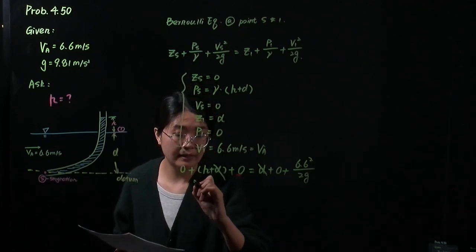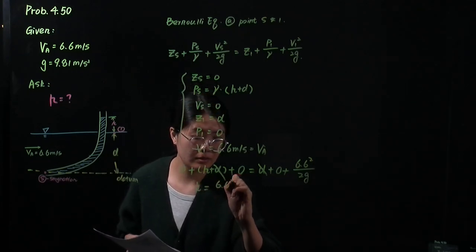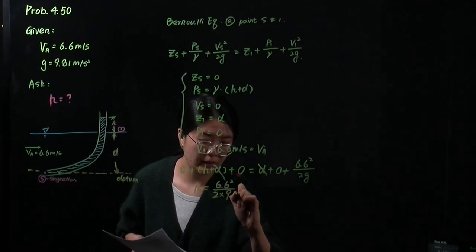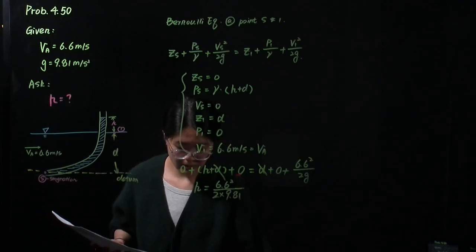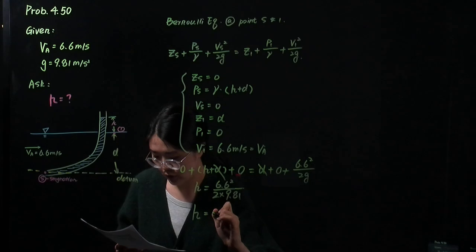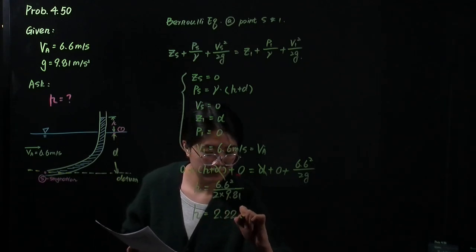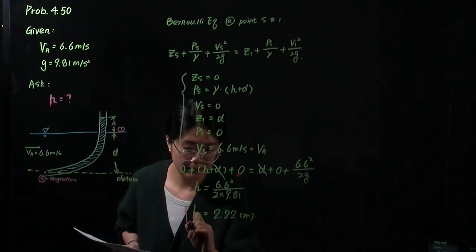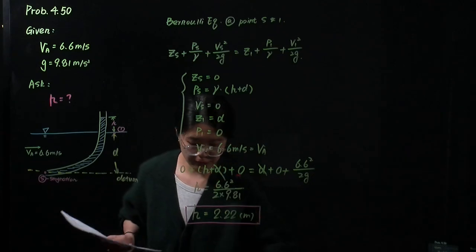So we get h equals 6.6 squared over 2 times 9.81. Then h equals 2.22 meters. This is the result for the first problem.